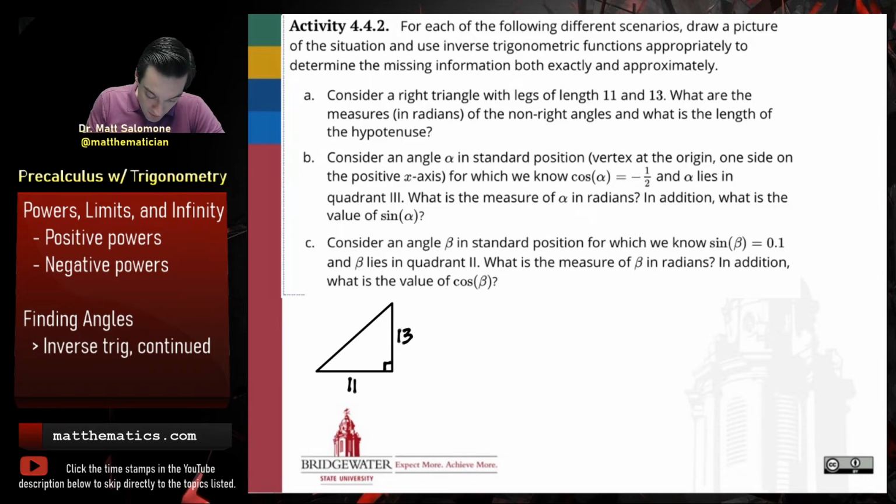Well, again, we'll use the Pythagorean Theorem. 11 squared plus 13 squared is equal to c squared. 11 squared is 121. 13 squared is 169. Add those together and we get 280. No, 290.